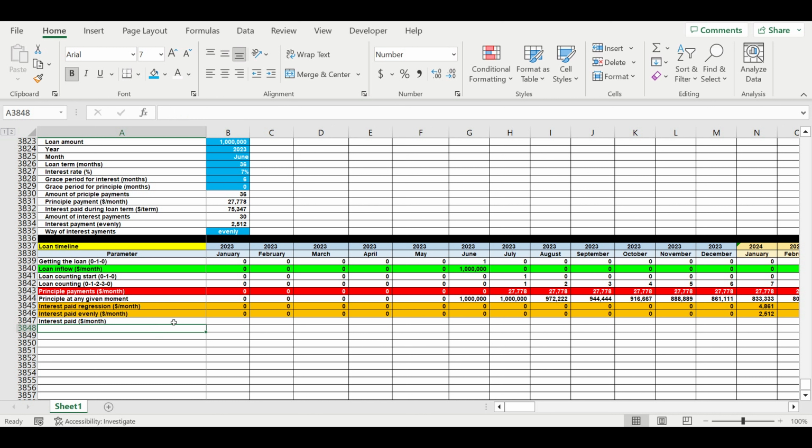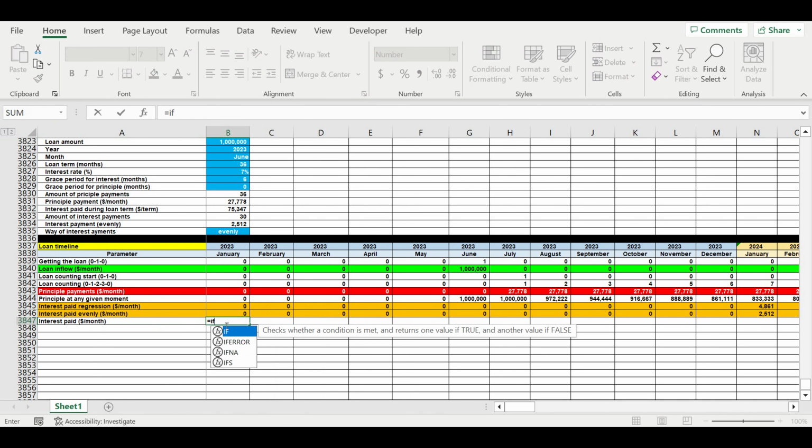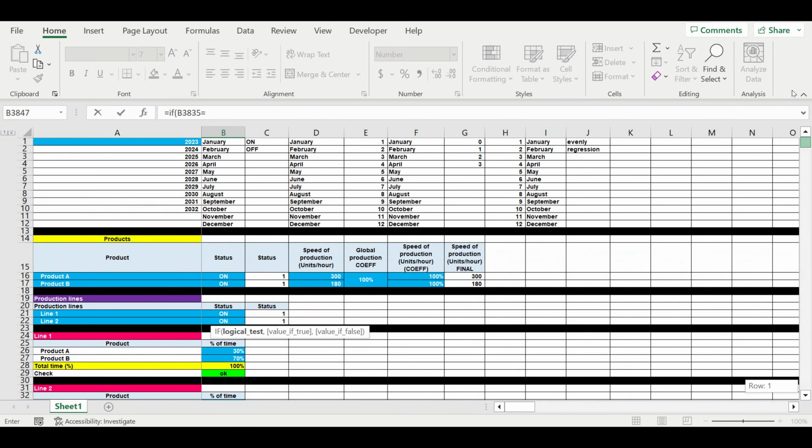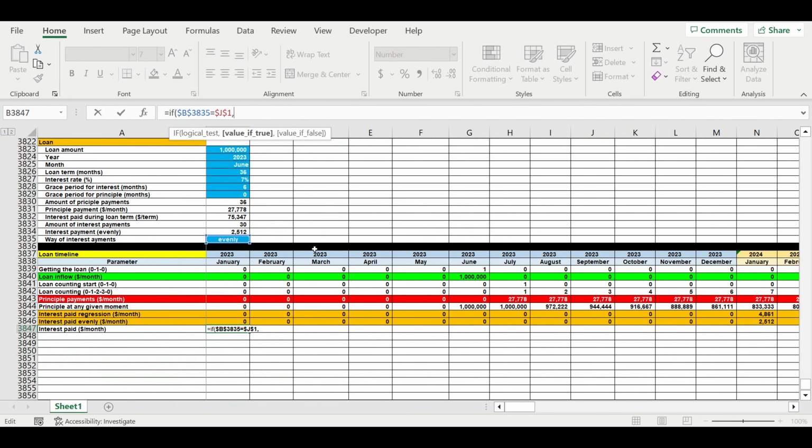So the final line for interest paid will be: if this value equals evenly, then we put this value.